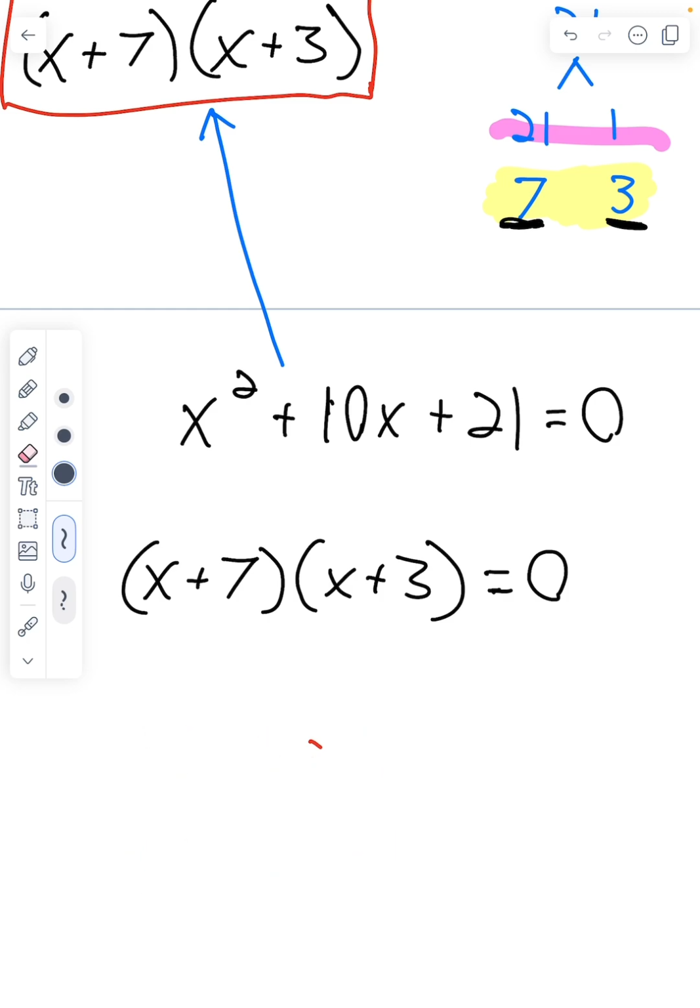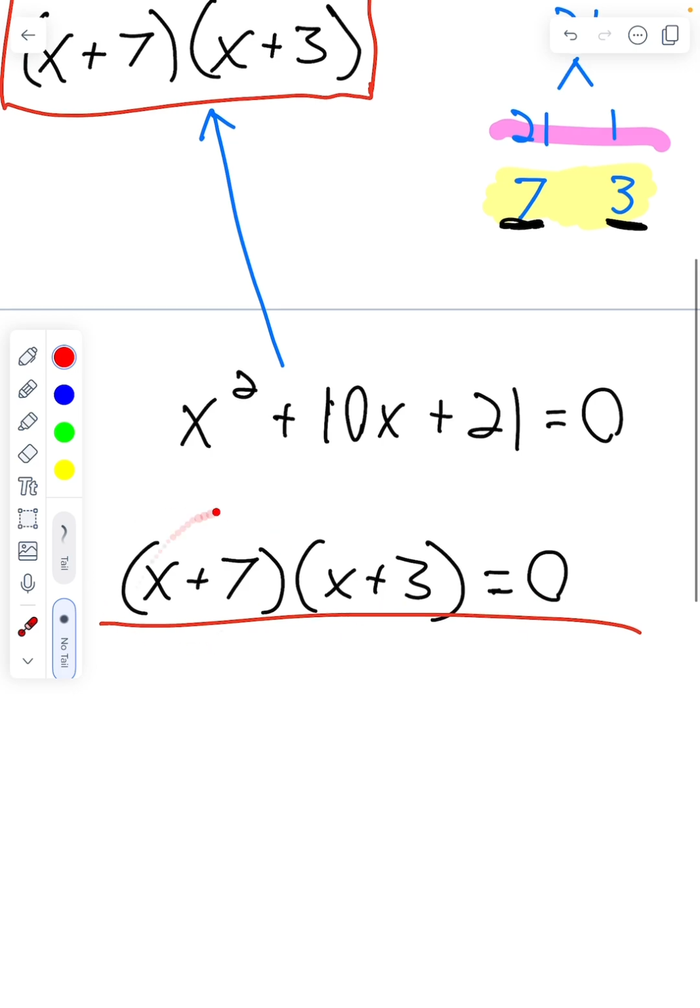So let's go ahead and take a look at why our factoring here is important. Well, if I look, I really have something here times something here. So as long as one of these binomials is 0, my answer will equal 0. It doesn't matter what the other thing is.